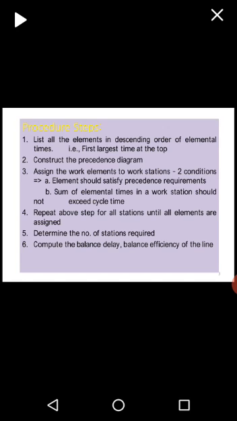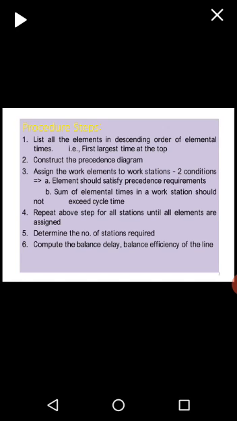First, we need to list all the elements in descending order of elemental time, that is, the first largest time at the top. We have a number of elements. For example, we can take 8 or 10 elements, and for those elements the time is given. Based on that time, the one with the highest time will be at the top, then the next lower one, and so on.